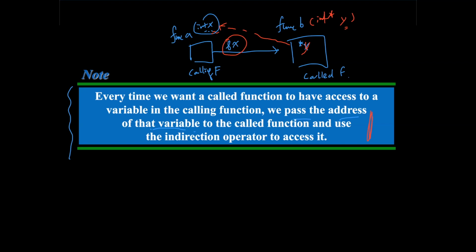The way to think about this is you're passing this remote control into this remote function. And this remote function, by way of using that remote control, can control the value of the original variable.